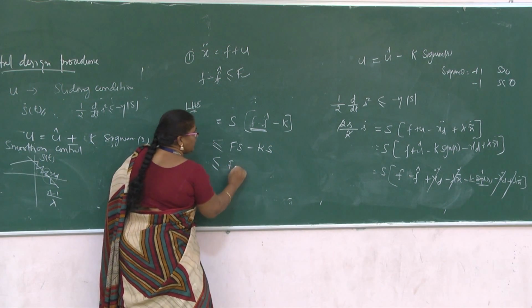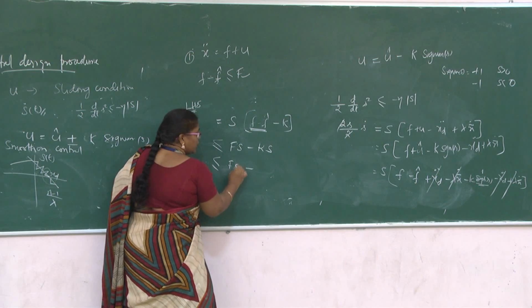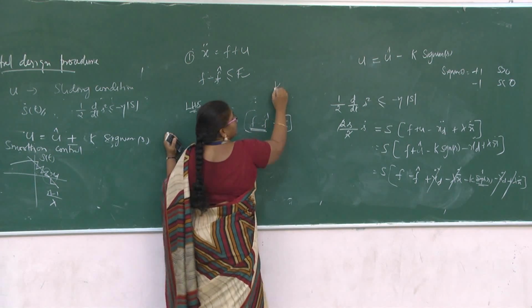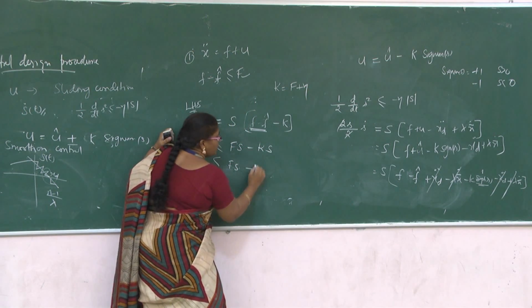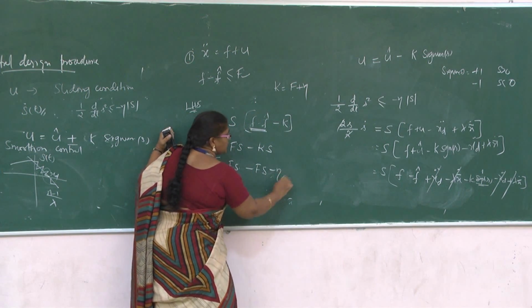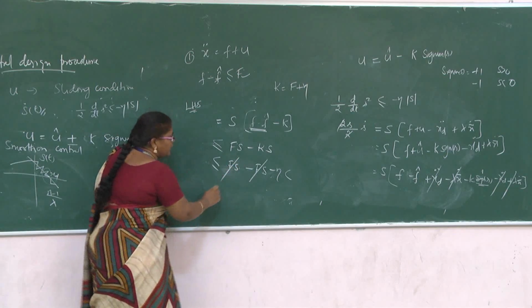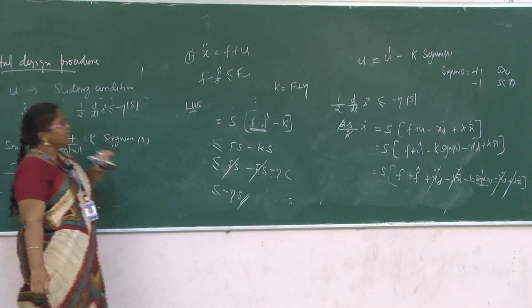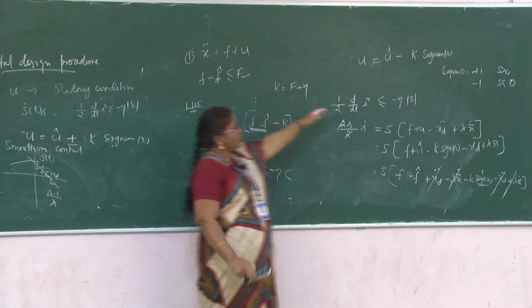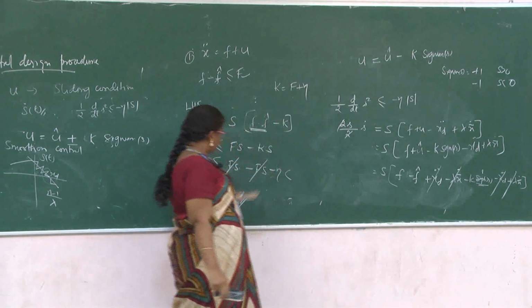Next, if I define k equal to F plus eta, it becomes minus F s minus eta s. So F s gets cancelled and this is equivalent to minus eta s. So my sliding condition is achieved.